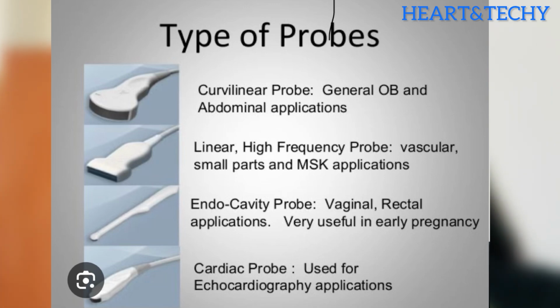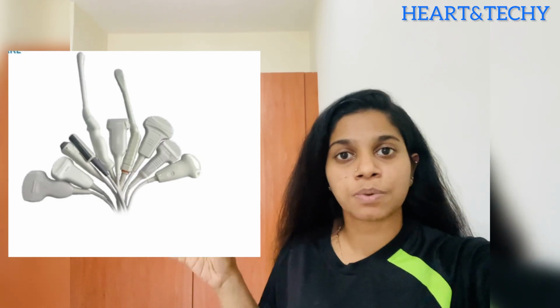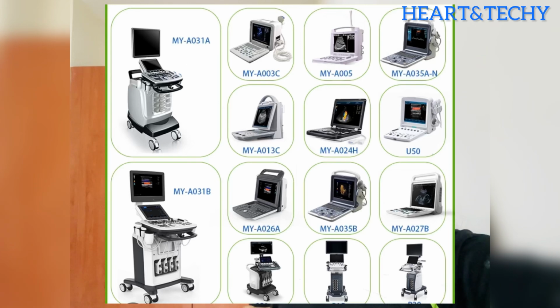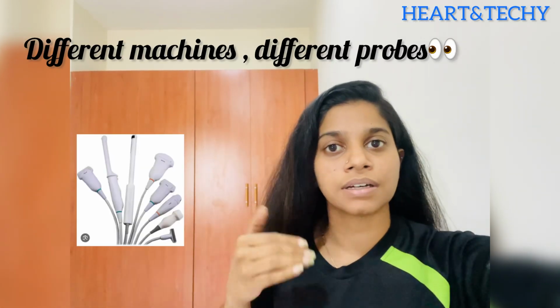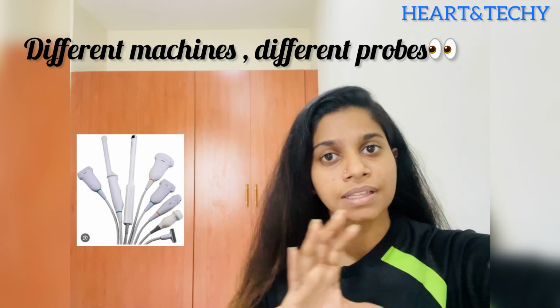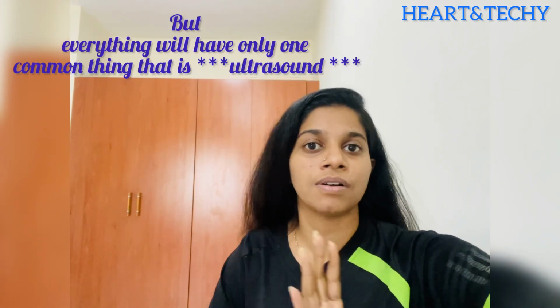This probe has different shapes and sizes because it is used for different scans. But for all of this, the measurements and calculations are the same, and everything has only one basis, that is called ultrasound.